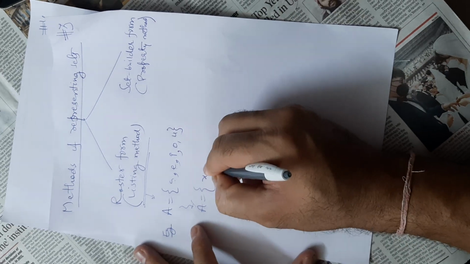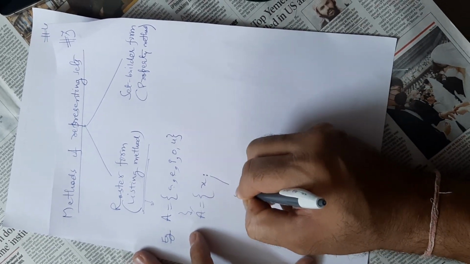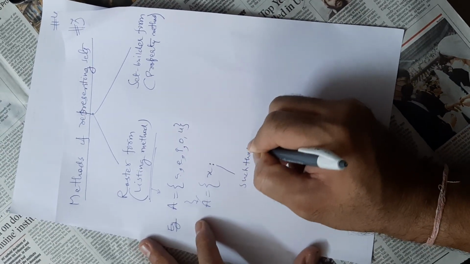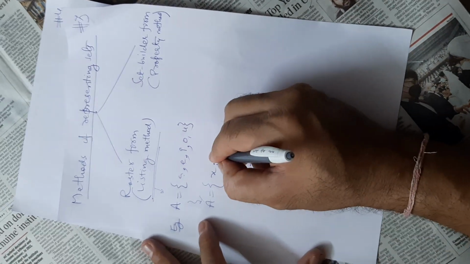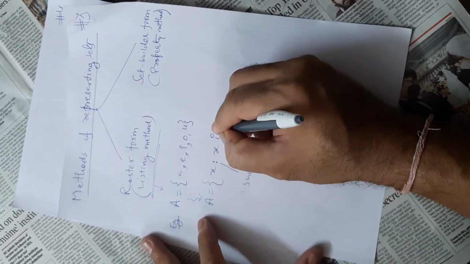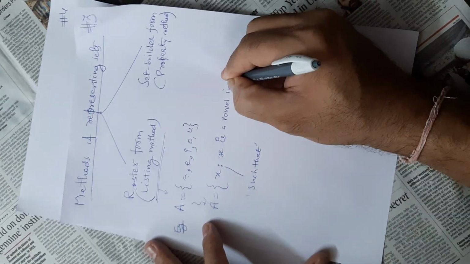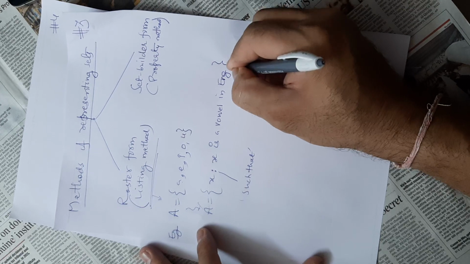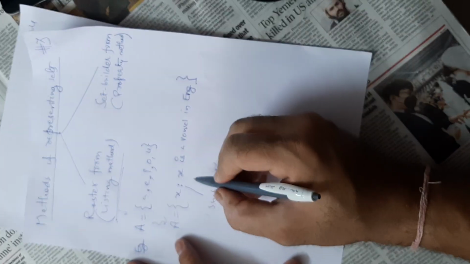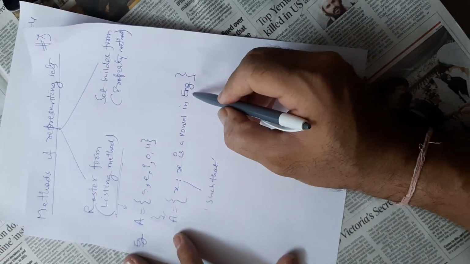X. X means any member. This is read as such that, I mean satisfying this condition. What? That X is a vowel in English. So here I have not listed the members.